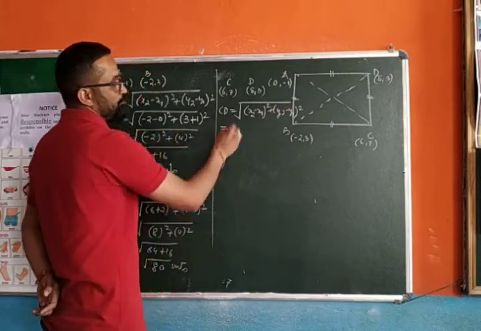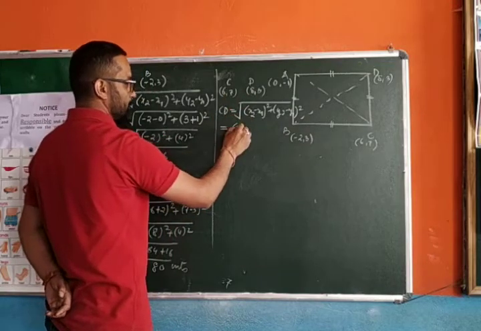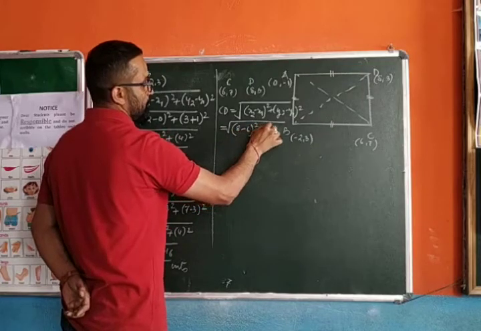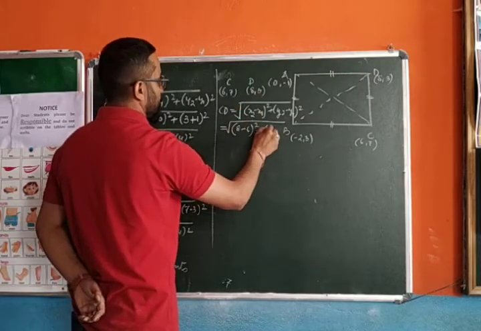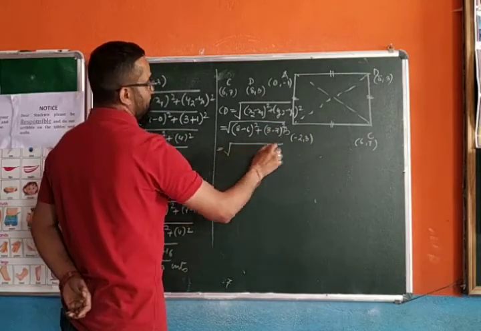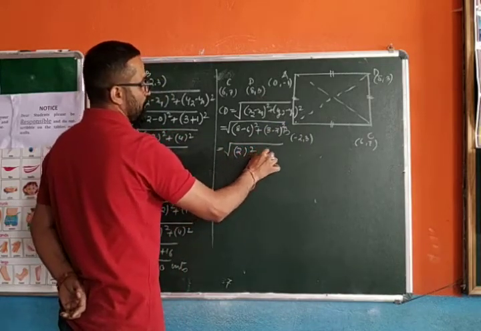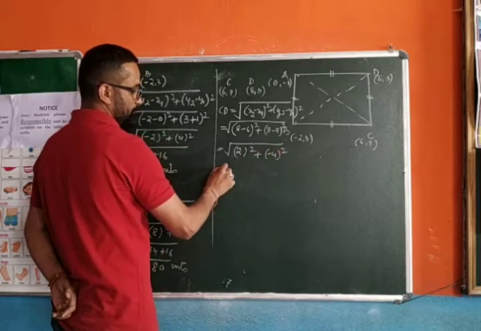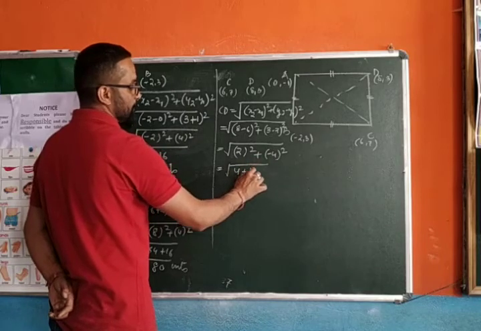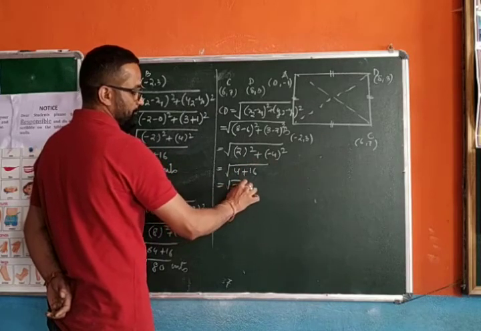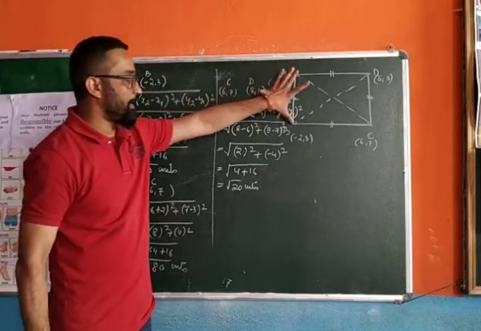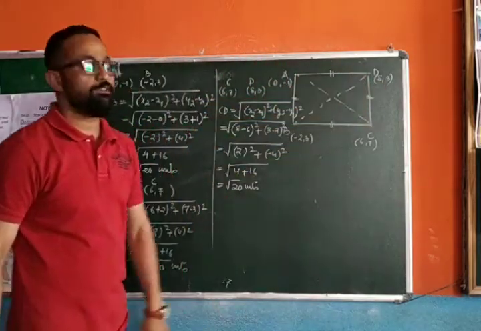Substitute the values: 8 minus 6 square plus 3 minus 7 square. Root of 2 whole square plus (-4) square. 2 square is 4 plus 16. Added up, you get root 20. I told you opposite sides must be of equal length.